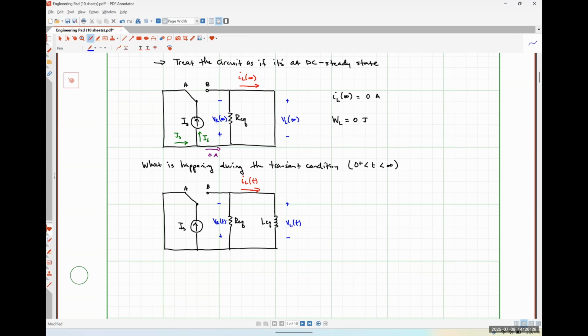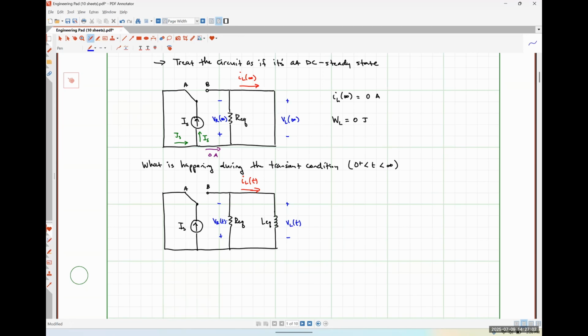We learned, I believe it was last Wednesday, when we were discussing inductors and inductances, that the current flowing through an inductor cannot change abruptly. So if the current flowing through the inductor was IS the instant before the switch changed states, then the current flowing through the inductor will be IS the moment after the switch changed states.